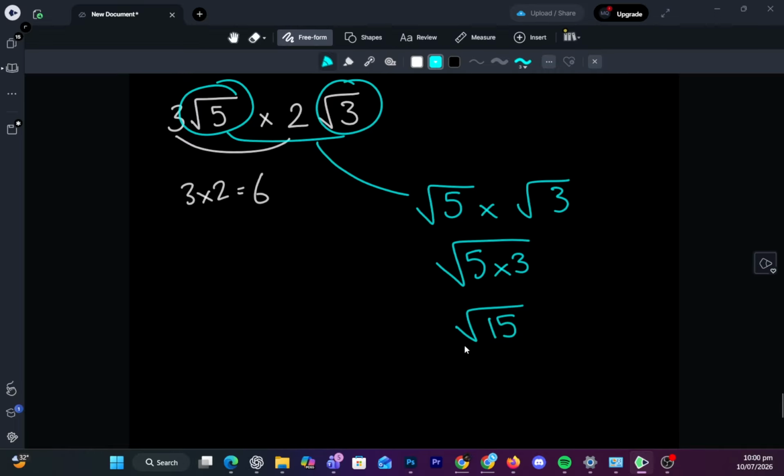So this is under root 15. Now the final answer will be 6 under root 15.